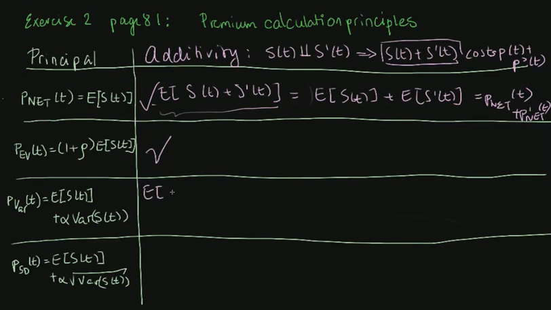So then we will look at the mean value of S of t plus S prime of t plus alpha multiplied by the variance of S of t plus S prime of t.